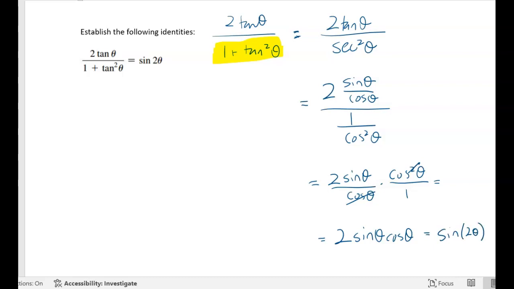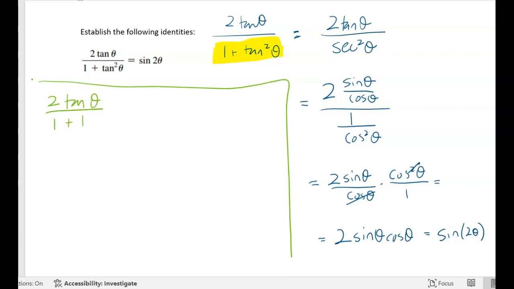Okay, if you didn't, let me show you that a lot of you want to do this by writing everything as sine and cosine right away. So let's look at that method. Let's see if that works as well. It should work. So that's 2. So right away we go sine and cosine. And then the bottom, instead of applying your Pythagorean identity, you go sine squared over cosine squared.